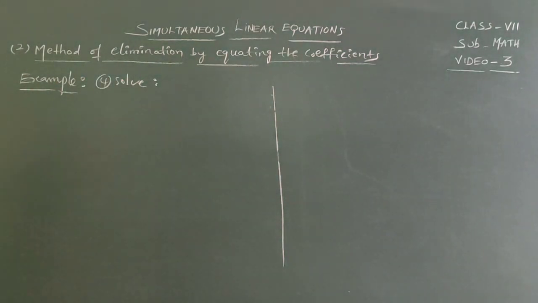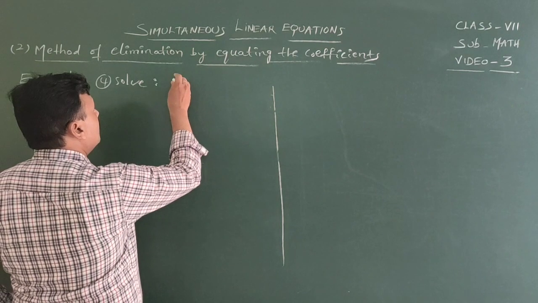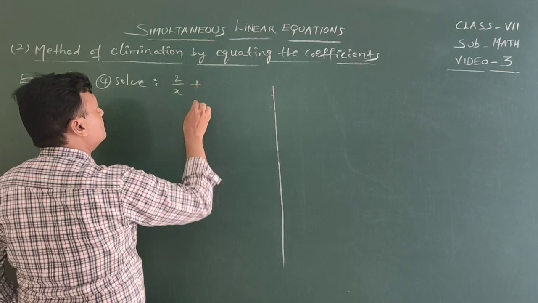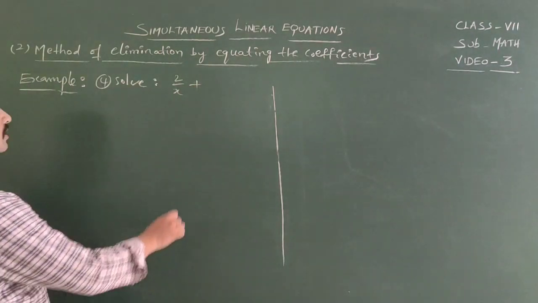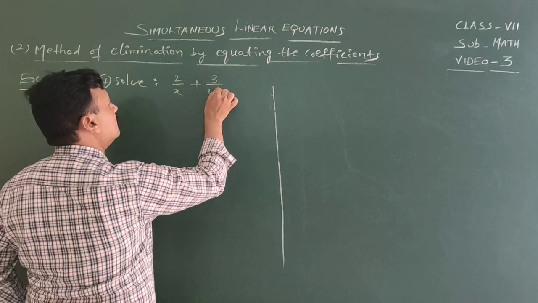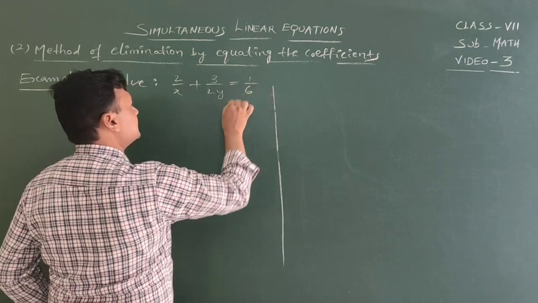Fourth one: 2 by x plus 3 by 2y equal to 1 by 6.